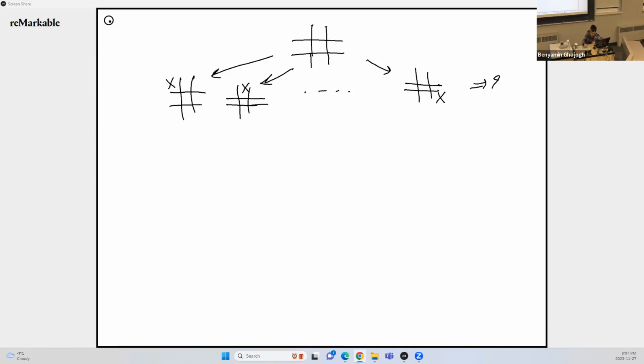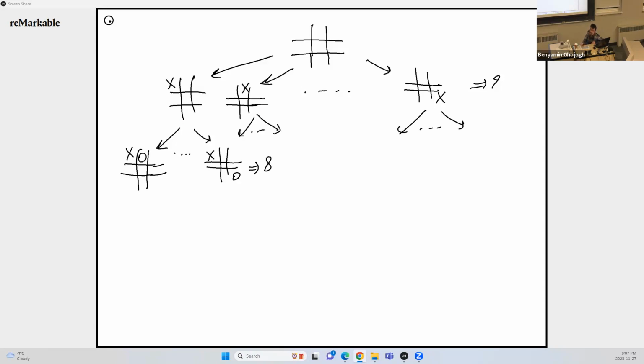Agree. Then it's the turn of the circle. How many cases do I have here? You tell me. So it's circle here until circle here. How many cases? 8. Again for this, 8. Again for this, 8 cases. Then again for this, you tell me.